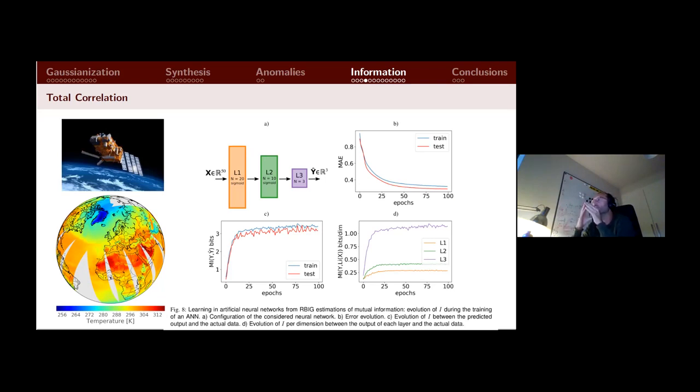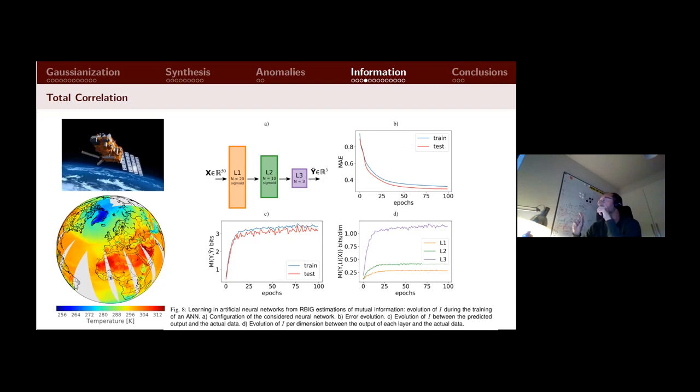I mean, both quantities are related. But the important thing, I think, is the figure bottom right, where we show the evolution of the mutual information between the output of each layer and the output of the training data of the neural network. So we are comparing multivariate data here. Something that is not really possible with MSE or MAE, for example.